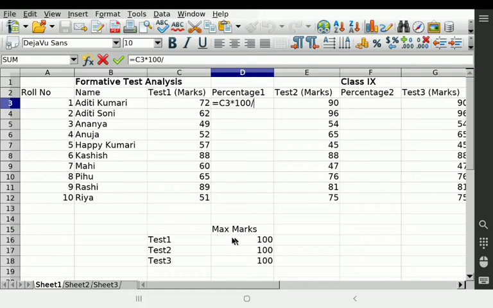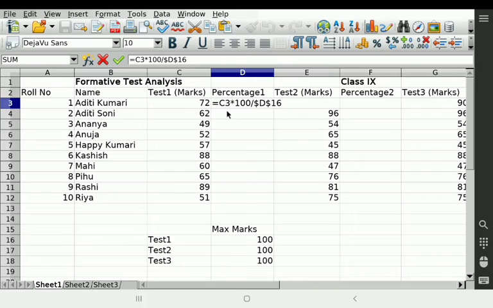Cell address for this 100 is D16 and this we have to fix. So dollar sign D dollar sign 16 you will write here. Obviously, out of 100 you are calculating. So whatever marks these students have got, the same will be shown in the percentage because it is calculated out of 100.